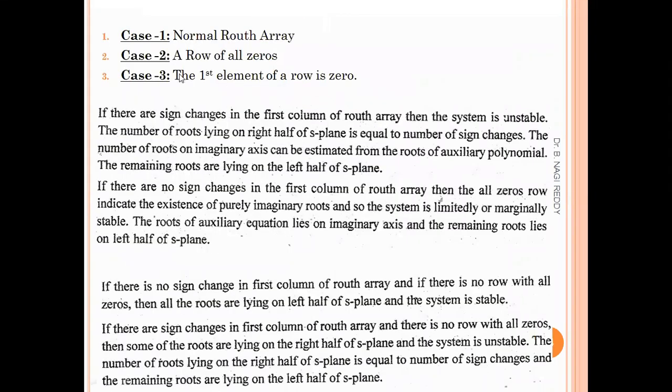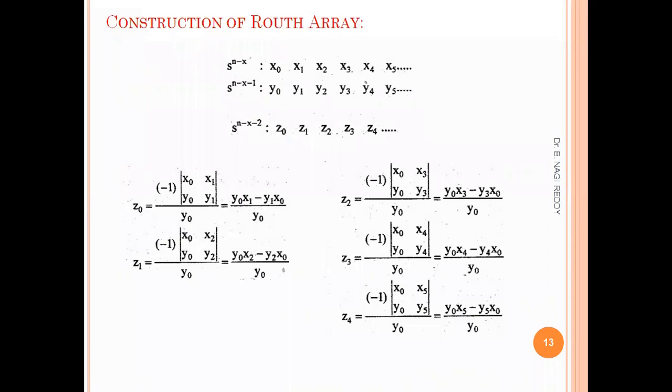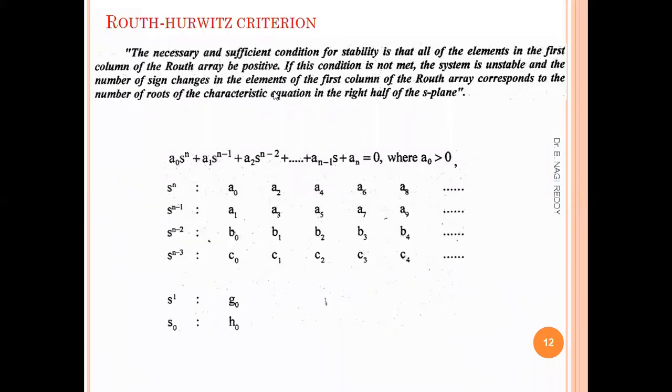So the Routh array concept is classified into 3 cases. First one is normal Routh array construction. Second one is a row of all zeros. And the third one is only the first element of your row is 0, because we know in the Routh array the first column is very important, and many people confuse columns and rows.